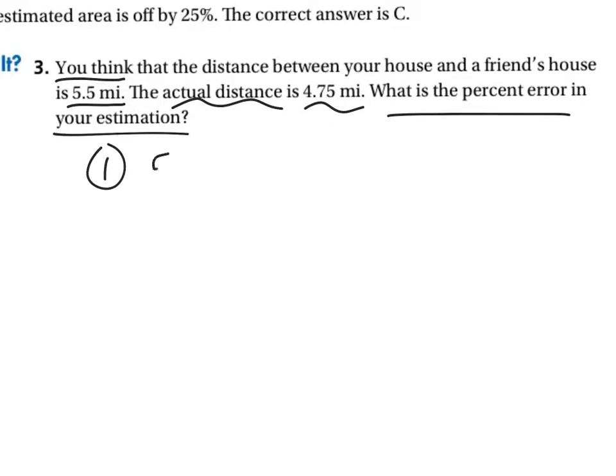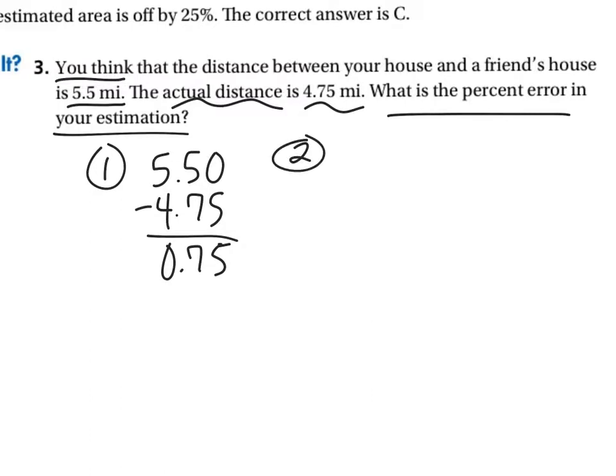So first of all, the difference between these two, if you just take the bigger number minus the smaller number, is 75/100 of a mile, compared to the actual distance of 4.75 miles. If you divide it out, it doesn't come out evenly.